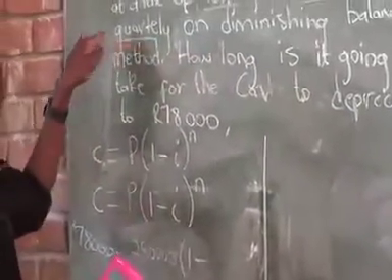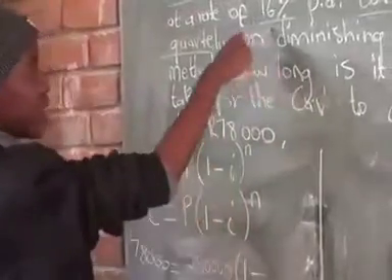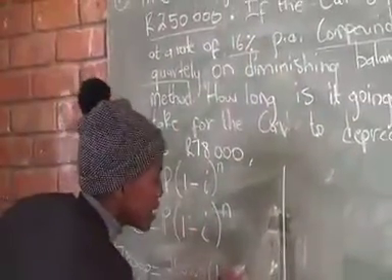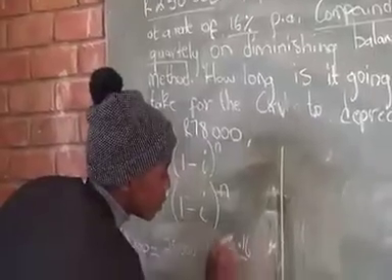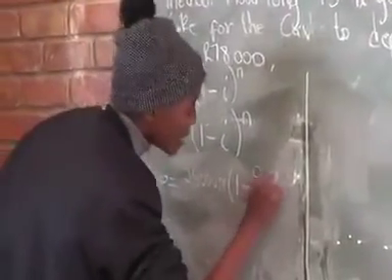Since it's quarterly, you divide the interest rate they gave you, 16%, which is 0.16, by 4 because a quarter is 4.